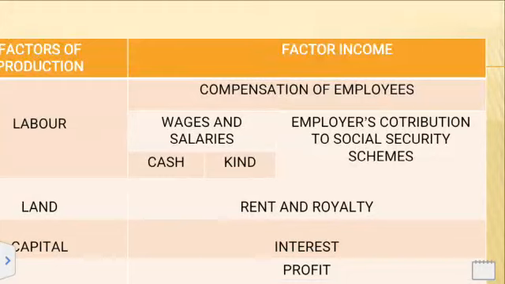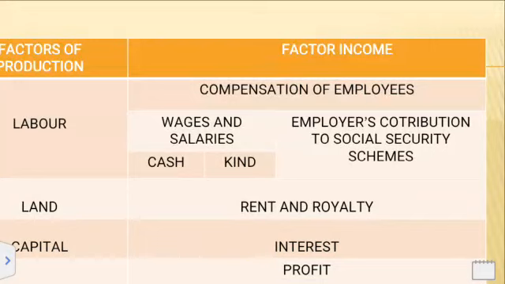At that time you need not add wages and salaries separately. Here you have to be clear that wages and salaries are a part of compensation of employees. Once you have added compensation of employees, you need not add wages and salaries, because it will lead to double counting.